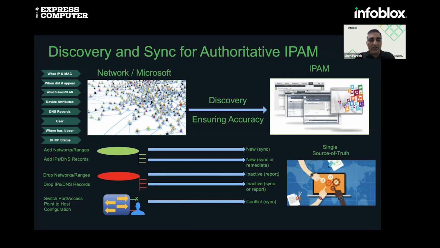What are the networks, how they are being used, how my DNS has been responding, how new inactive devices are attached to my environment, what are the conflicts, what new ranges are involved, what IP appeared and when, how many IPs have been used, what my system performance is like, such as DNS query performance, and if there is any kind of surge, we can immediately get to know. This means DNS, DHCP, IPAM will provide the single source of truth.